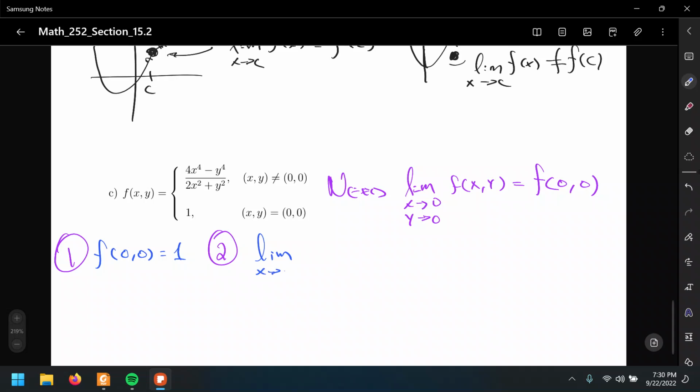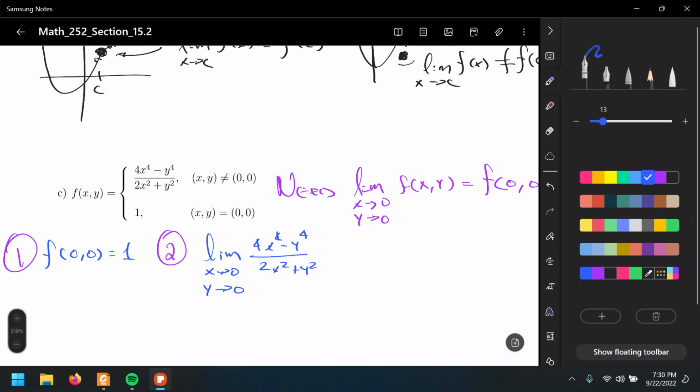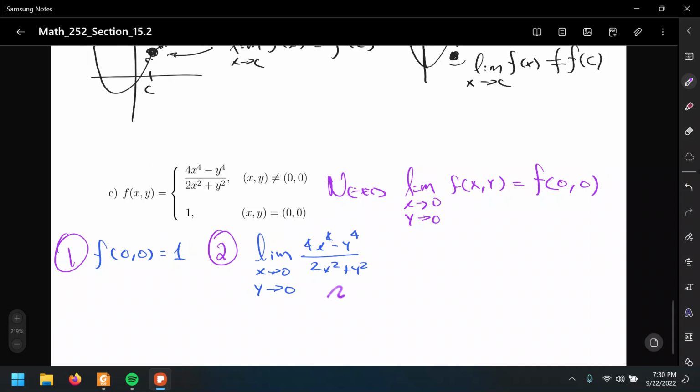So limit as x approaches 0, y approaches 0, of 4x to the 4th minus y to the 4th over 2x squared plus y squared. I think we're going to have the 0 over 0 indeterminate form, right? This means we're good.